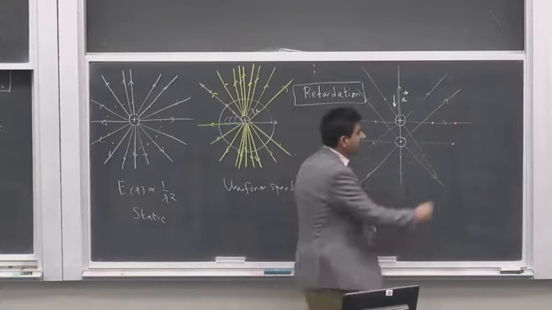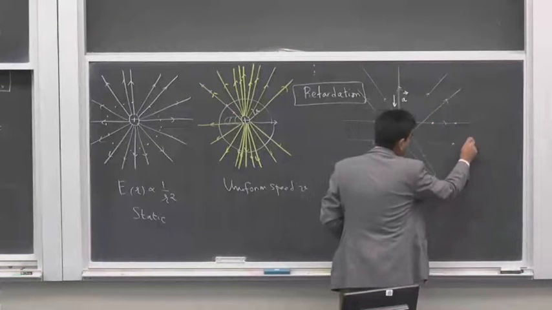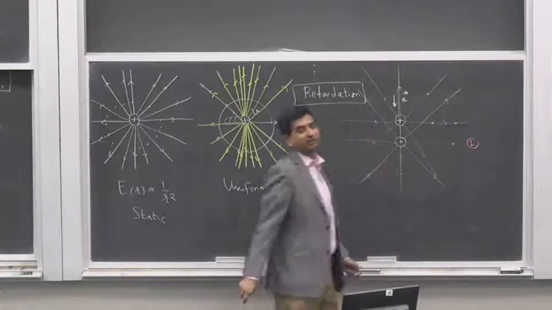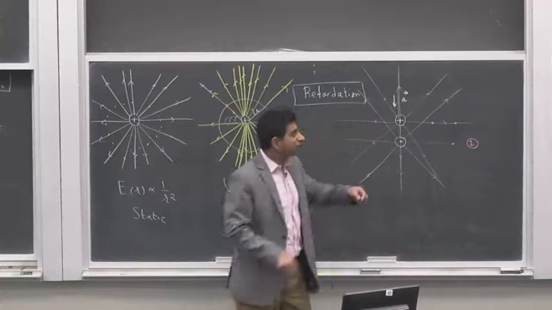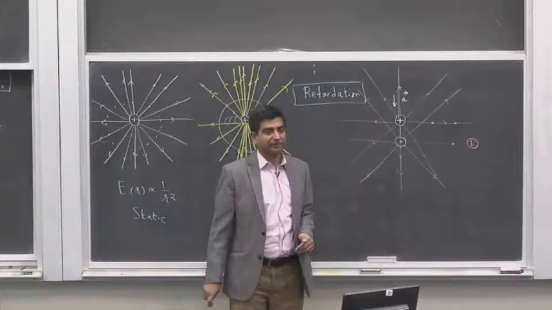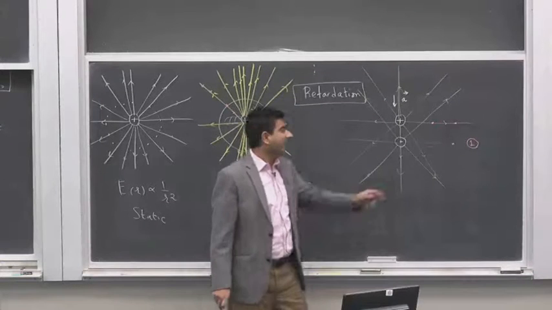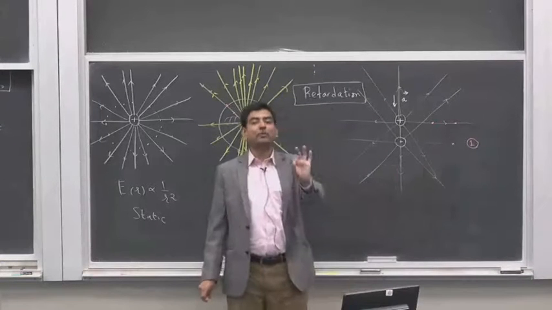Suppose the observer is at this location, location 1. Now the charge is accelerating downwards. What does observer 1 observe?